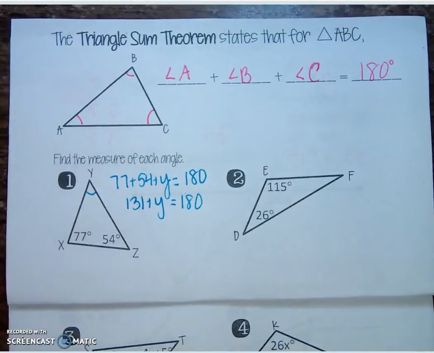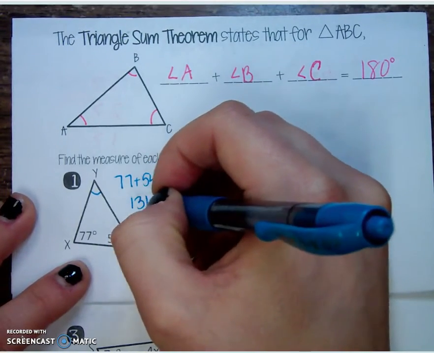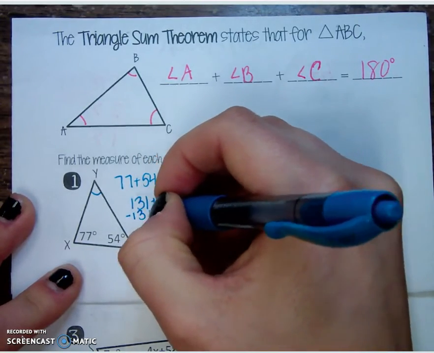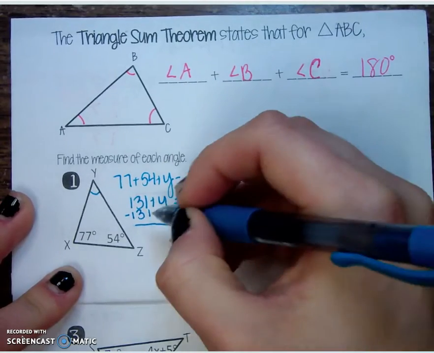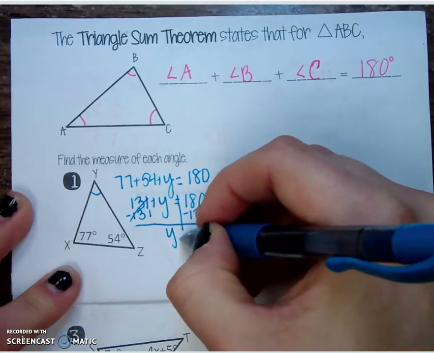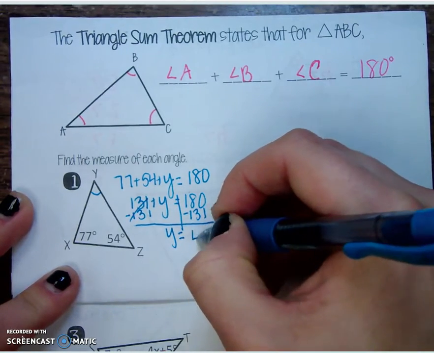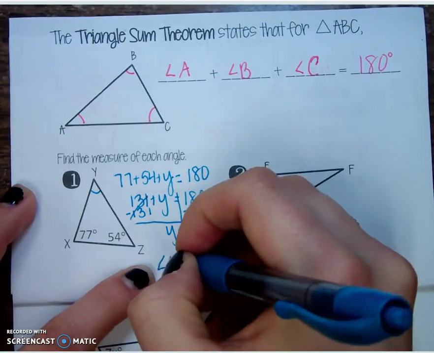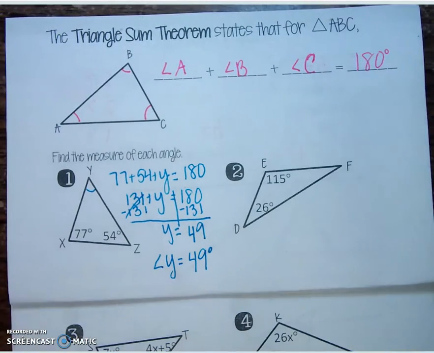And now I just have a one-step equation. I'm going to get rid of the 131 because I want Y by itself by subtracting, because it's a positive. My variable is Y equals 180 minus 131, which is 49. So angle Y is 49 degrees.